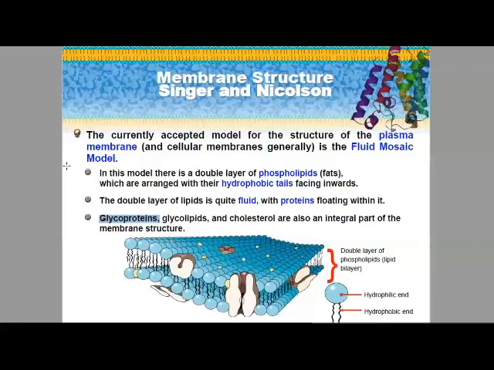There might be some other lipids that have a carbohydrate sugar attached to the structure. These are known as glycolipids. There is another type of lipid besides the phospholipids, a steroid, cholesterol, that plays an important role in the flexibility and strength of the plasma membrane. So besides the phospholipid bilayer and proteins, there are other molecules like glycoproteins, glycolipids, and cholesterol.